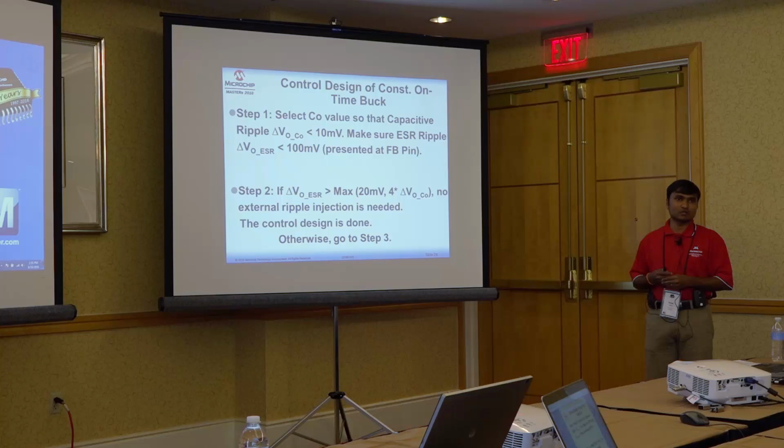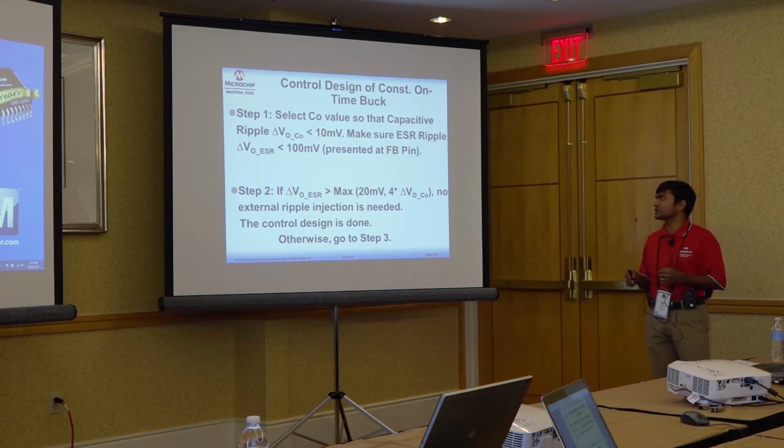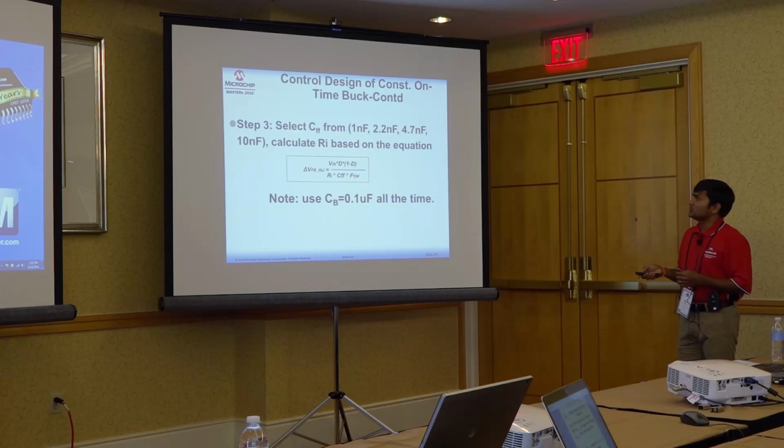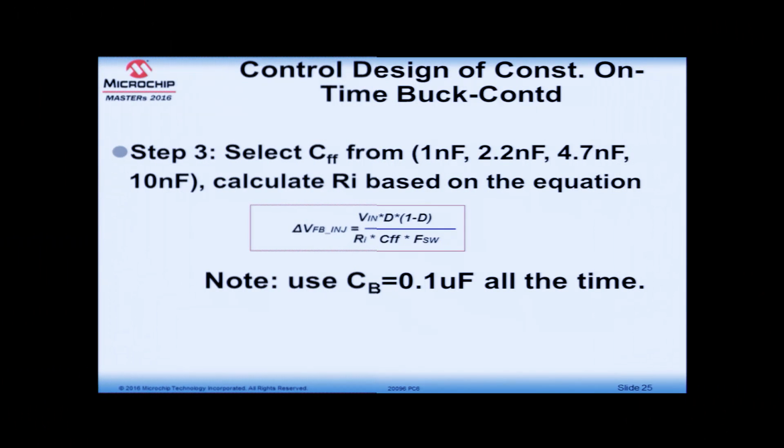Once you select your input filter, MOSFET switches, inductor and capacitor, if, for example, you are using ceramic capacitors or low ESR capacitors, then you need to remember this equation for injecting the ripple to the feedback node. We generally select the feed forward capacitor from output to the feedback in the order of 1 nanofarad, 2.2 nanofarad, and 4.7 nanofarad.